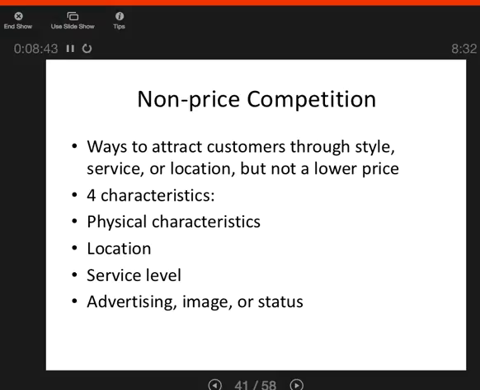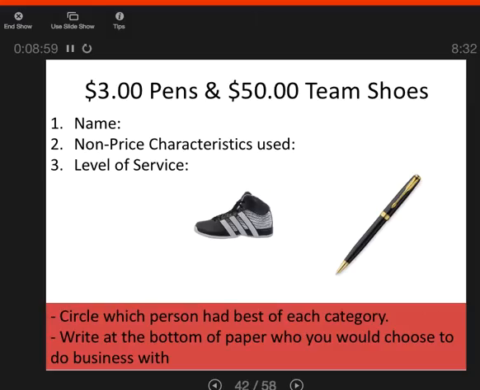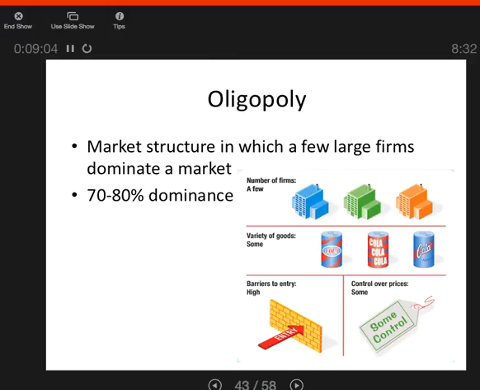There's a whole culture of people that own a Mac versus a PC computer. It's just a different culture when it comes to things like this. So, non-price competition that is there. This is all for monopolistic competition. We will not be doing this activity today. Maybe another time if we have time.